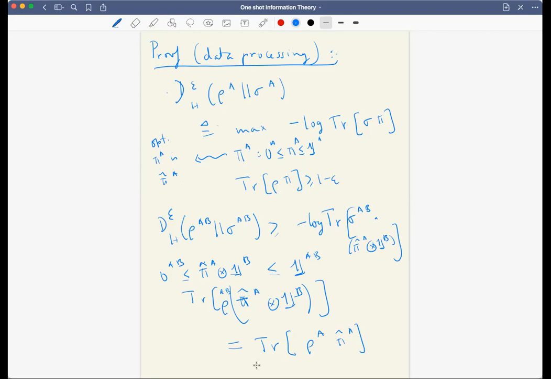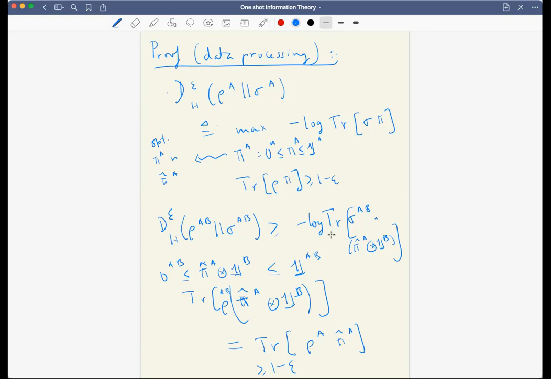And this I know is larger than 1 minus epsilon, because pi hat A was the optimizing pi hat A, so it has to satisfy this constraint. So what I've shown is that this new POVM on the system AB, pi hat A tensor identity B, satisfies all the constraints. It's a valid POVM element, and taking the trace with rho AB gives me something larger than 1 minus epsilon.